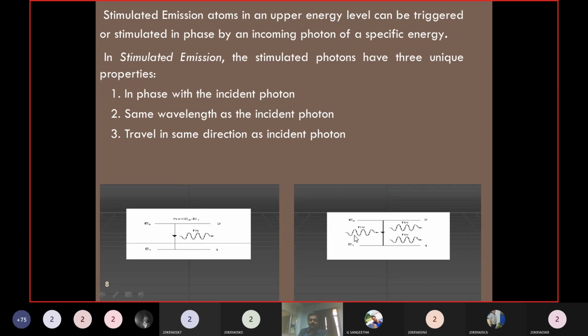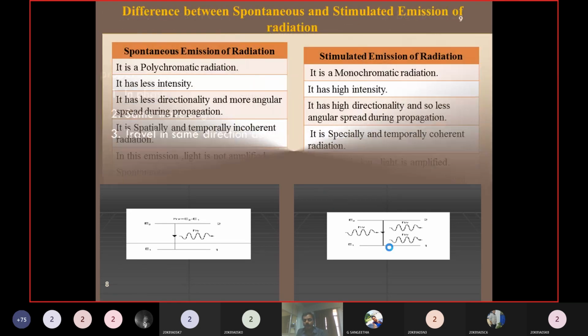Whatever the phase of the incident photon, the emitted photon has the same phase and the same wavelength as the incident photon. And the third one, they travel in the same direction as the incident photon. So these are some properties of the emitted photons.